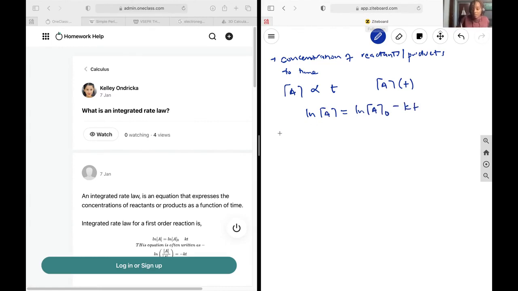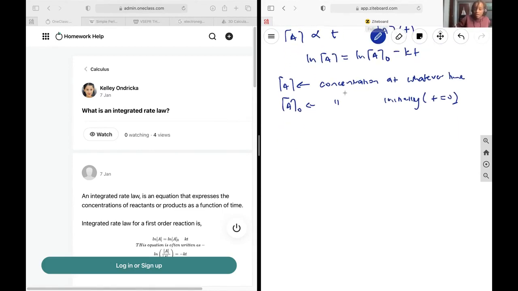So A represents the concentration at whatever time, because it doesn't have a subscript. And A with the subscript of 0 is the concentration initially, so at t is equal to 0.